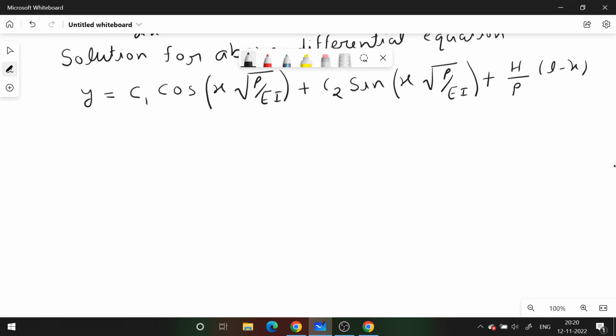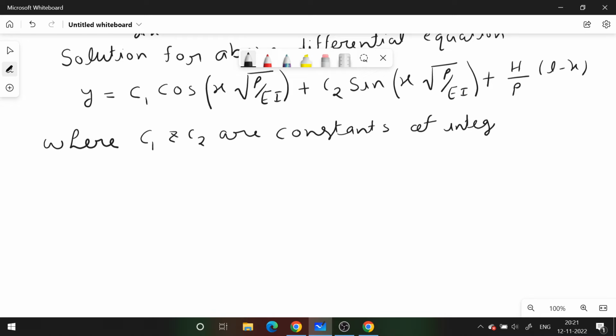Where C1 and C2 are constants of integration. At point B, x is equal to 0, deflection is equal to 0.